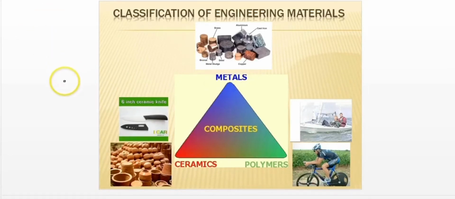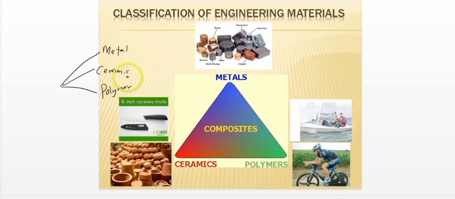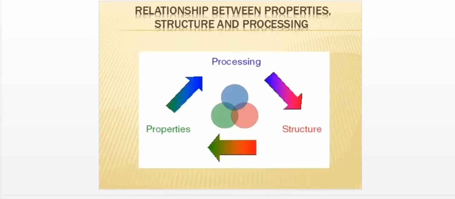Right, in engineering materials we may divide into three main materials, which are metal, ceramic and polymer. So these are the main materials that exist in this world. This is the example you could see here in terms of metal, ceramic and polymer.